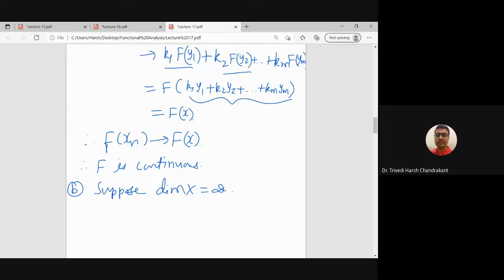So that means whenever we have an infinite set, it always has an infinite linearly independent subset. So this we mentioned earlier also.